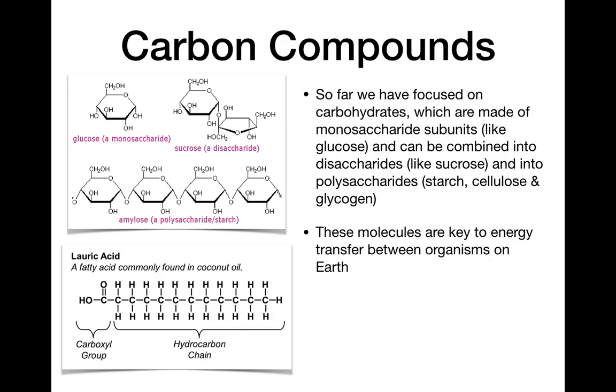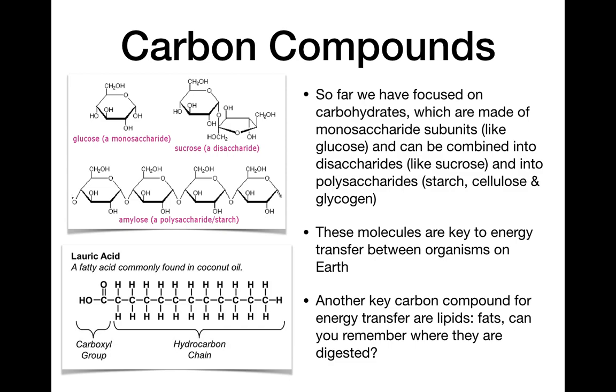Those molecules, those carbon compounds, are really important for energy transfer between organisms. But they're not the only energy transfer molecules. Another carbon compound that's really important for energy transfer are lipids. So lipids are fats. Often a group of them are called fatty acids. And do you remember how they're digested? Look in your notes.